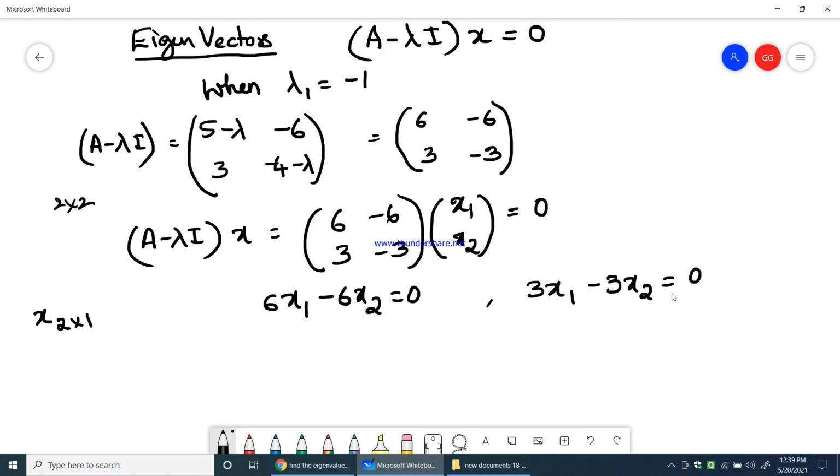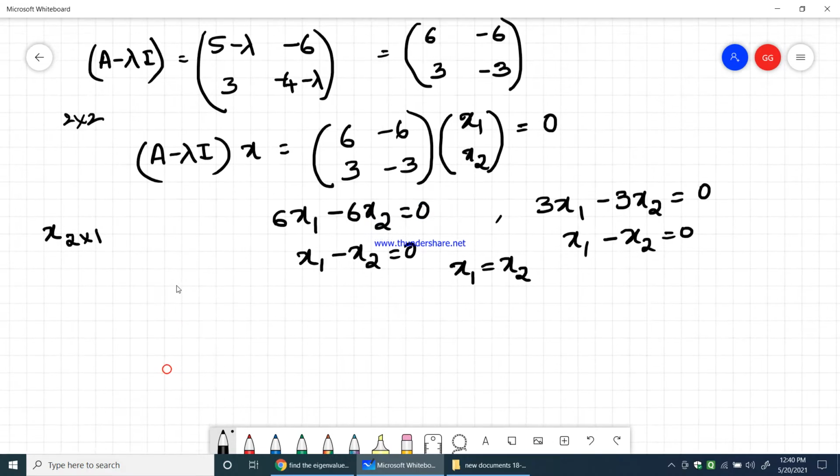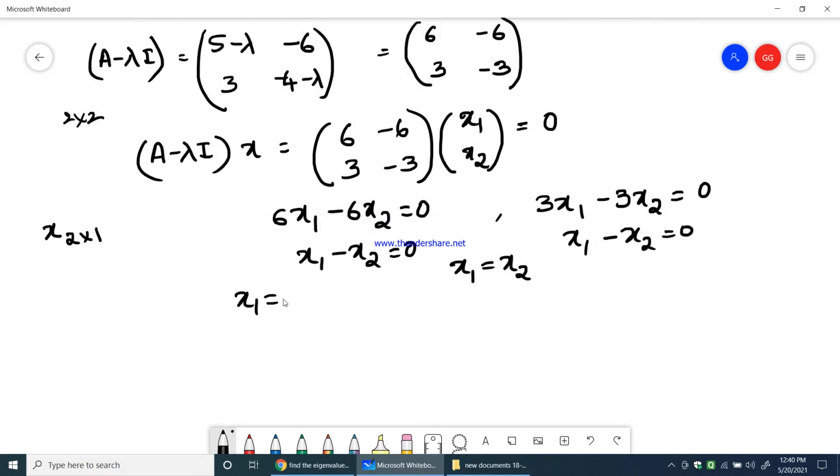Now if you carefully see this, if I divide this equation by 6, I will get x1 minus x2 equals 0. Even if I divide this equation by 3, I will get x1 minus x2 equals 0. Therefore in both the equations we can easily say x1 equals x2. Now I'll assume x1 to be equal to 1 for finding x2. Then x2 will also be equal to 1.